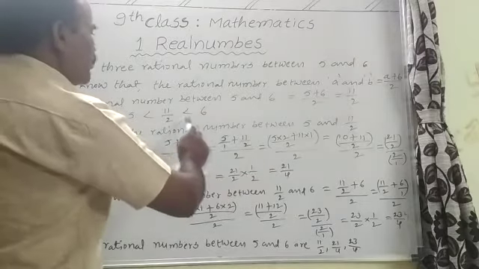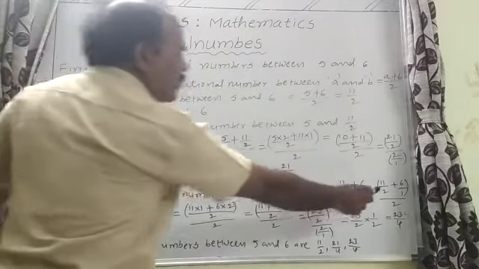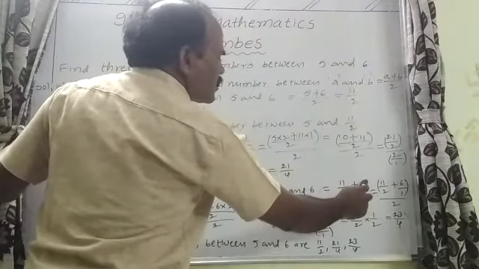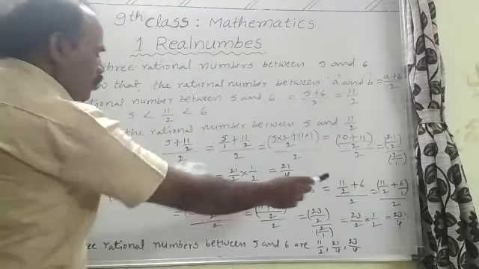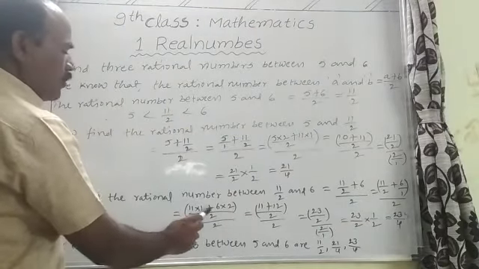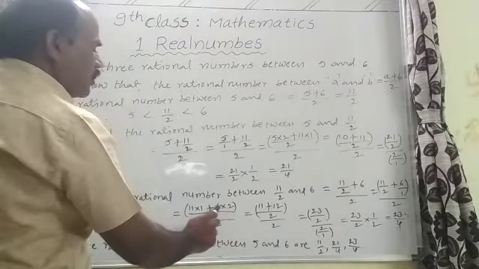That is equal to the arithmetic mean of 11 by 2 and 6, that is (11 by 2 plus 6 by 1) by 2. 6 means 6 by 1. We find the LCM of 2 and 1, which is 2. 11 into 1 plus 6 into 2, that is 11 plus 12, by 2.